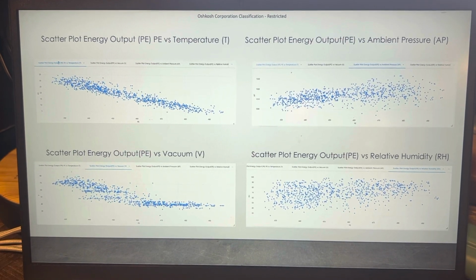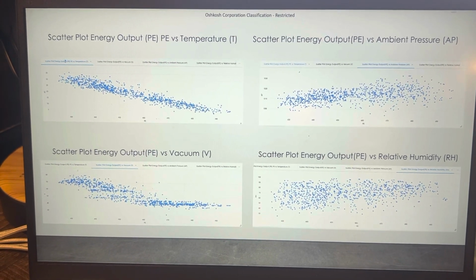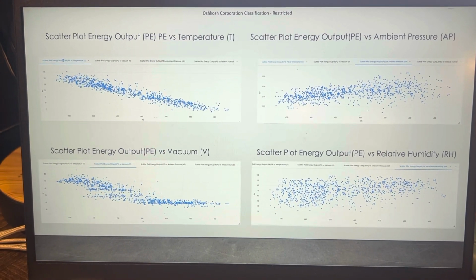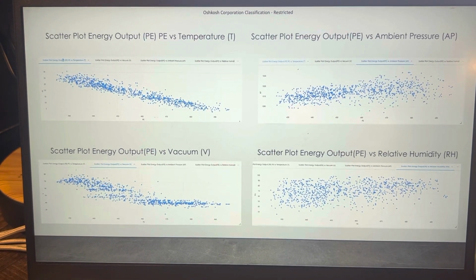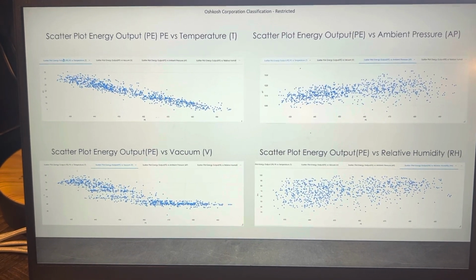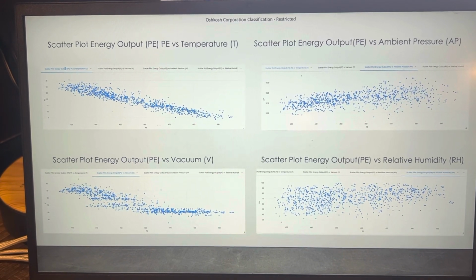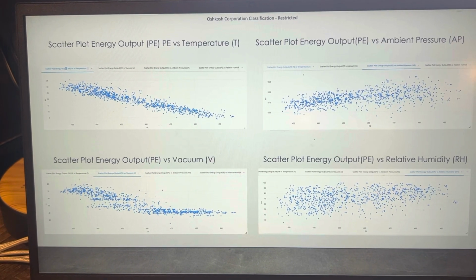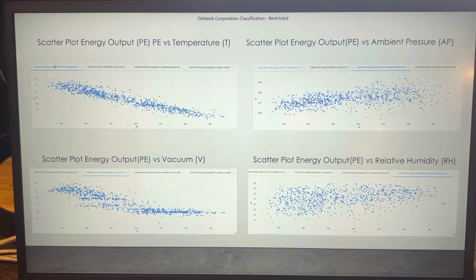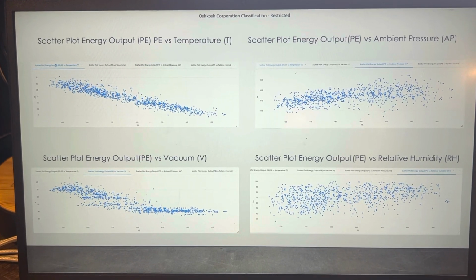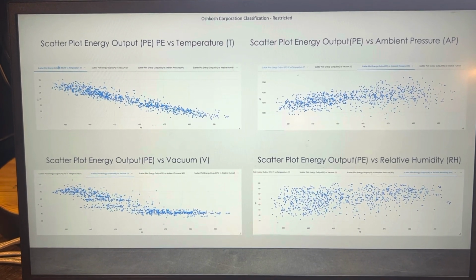With power output versus temperature, we have a negatively slanted, fairly, actually, I would say tightly aligned scatter plot. As we look at power output and ambient pressure, the scatter plot definitely loosens up, and relative humidity is kind of all over the map. So we know we're likely not going to see a high correlation on those.